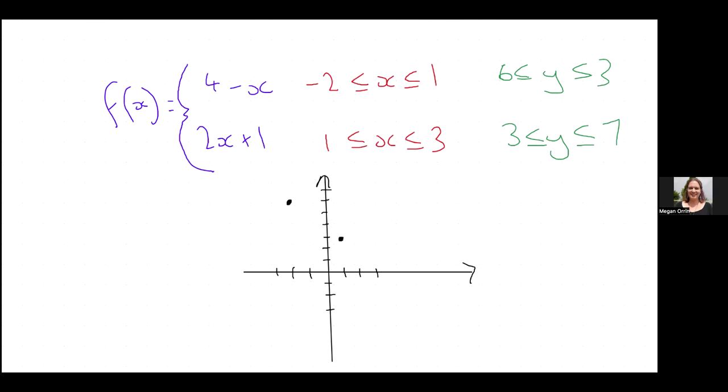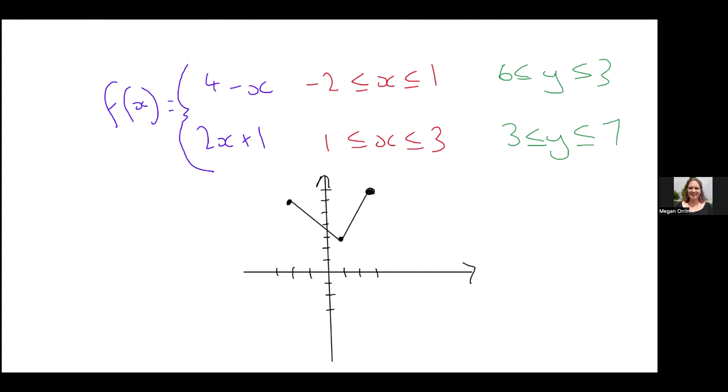My next graph starts at 1 and 3, which is here, and goes to 3 and 7. Because this is a linear graph, I know these are perfectly straight lines. So I'm going to draw a straight line between there and there. And nope, I'm moving that point by accident. Then I'm going to draw a straight line between those two points. We're going to pretend those are lovely straight lines. Again, we're just graphing two different bits. We're finding the sections we're allowed to graph. And this is the graph of these two separate functions that work together.